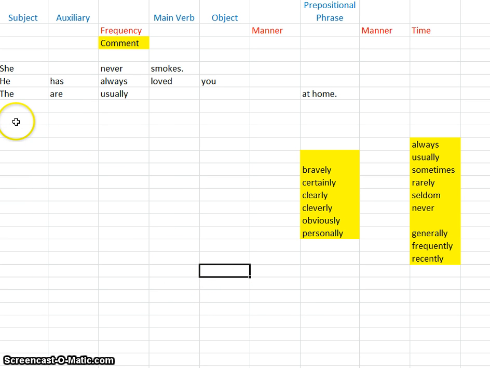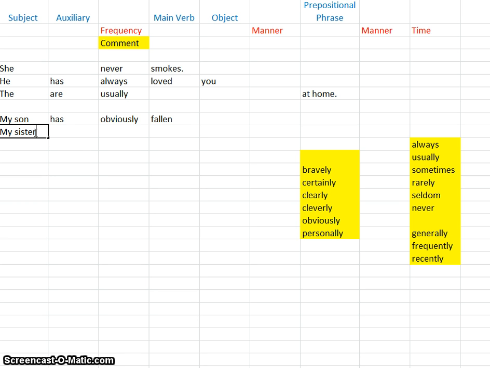So this is a comment the speaker is making on the sentence. So I could say, my son, subject, has, auxiliary, fallen. My son has fallen. But I want to make a comment on that, so I could say, this is obvious. My son has obviously fallen.